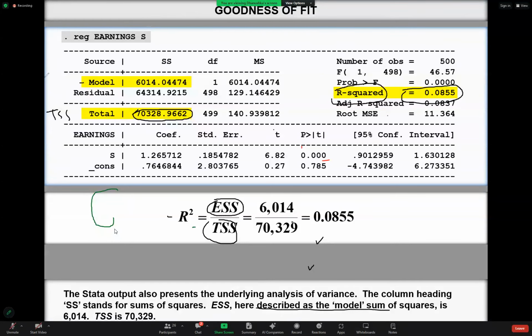This is the ESS, explained sum of square. This is the RSS, residual sum of square. Then the sum of these two is equal to this. Then R square is equal to this value divided by this.